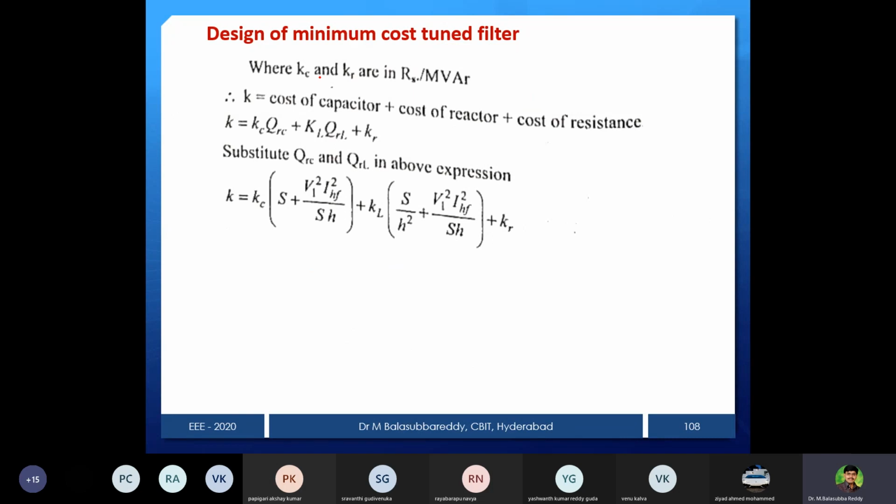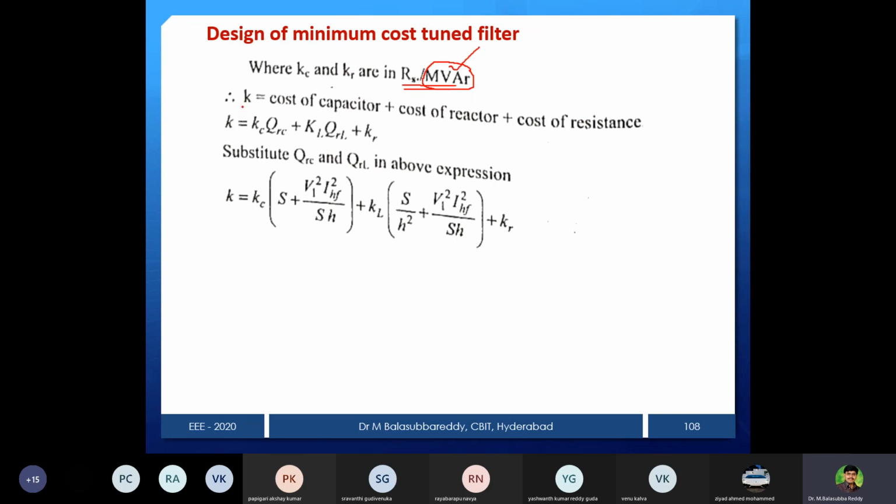The cost is already stated in the first statement, rupees per MVAR, so based on the reactive requirement, obviously if the MVAR requirement is more, the cost of the capacitor is more, because the size of the capacitor will be more.